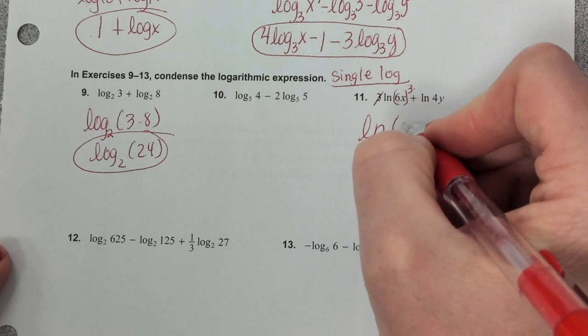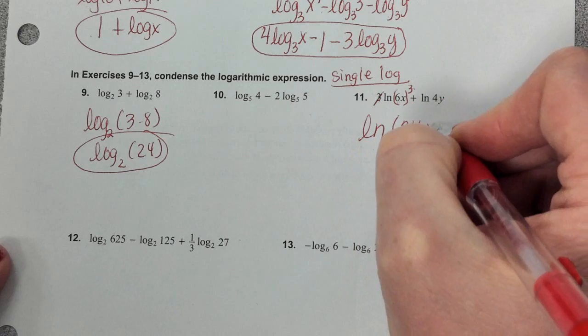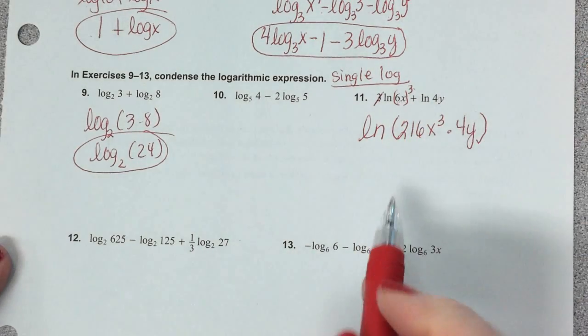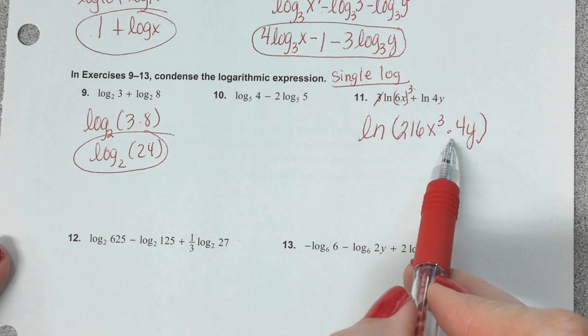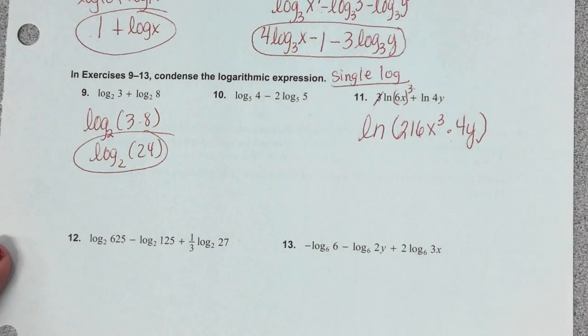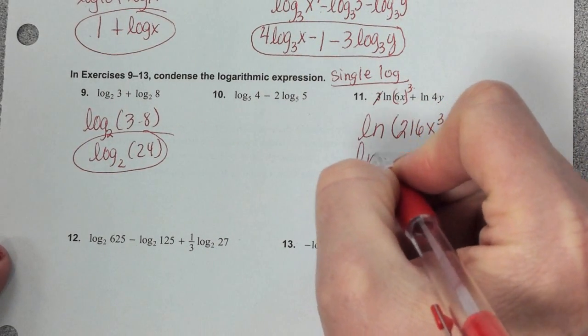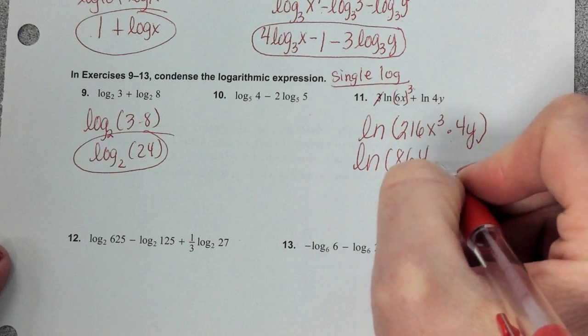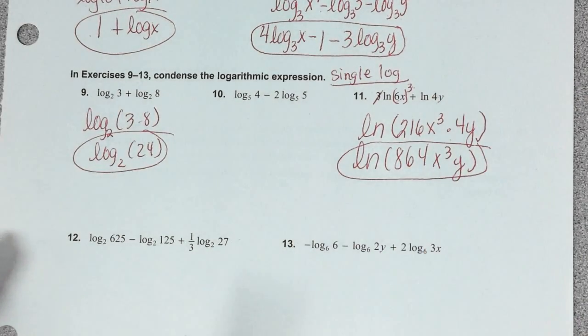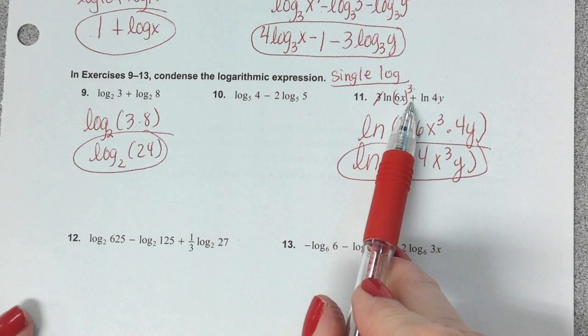So 6 cubed is 216x cubed times 4y. Because addition turns into multiplication. And so I need to know 216 times 4, 864. So I'm going to have the natural log of 864 x cubed y. And that's equivalent to that.